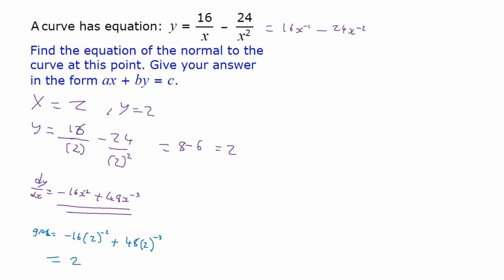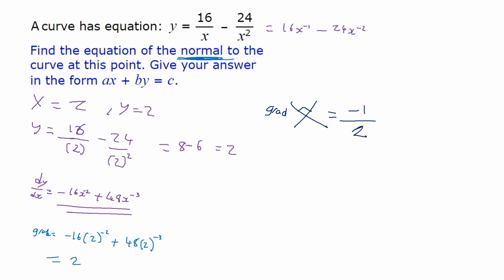So the gradient at this point is also 2. Fine. But this is asking for the normal. And the normal is basically the perpendicular. Okay? How do you work out the gradient of the perpendicular? Well, the gradient of the perpendicular is the negative reciprocal, isn't it? So that's just going to be minus 1 over 2.